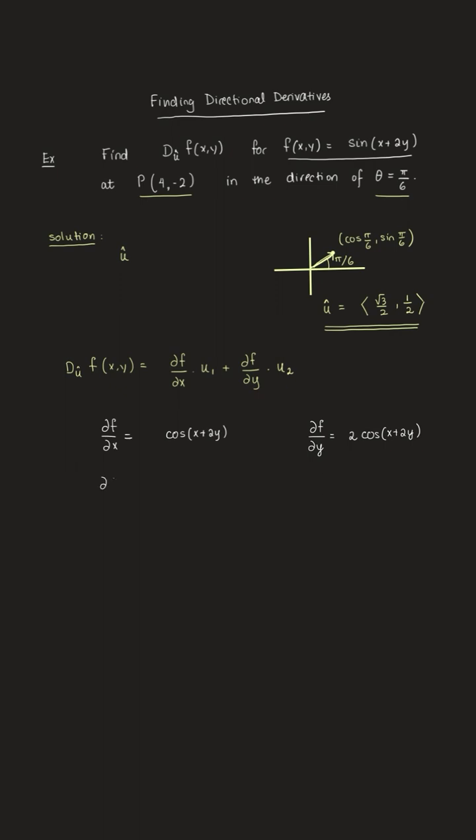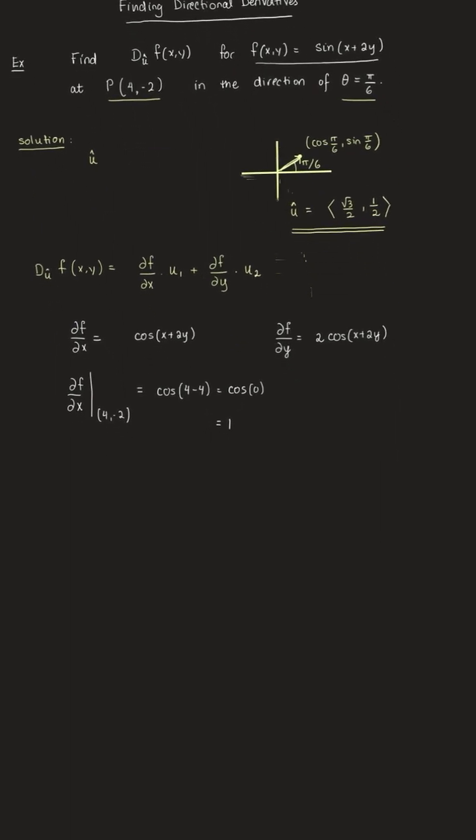Now, we can evaluate each of these partials at our point (4, -2). For the partial with respect to x, we'll have the cosine of 4 plus a -4, so 4 minus 4, which is cosine of 0, and that's equal to 1.